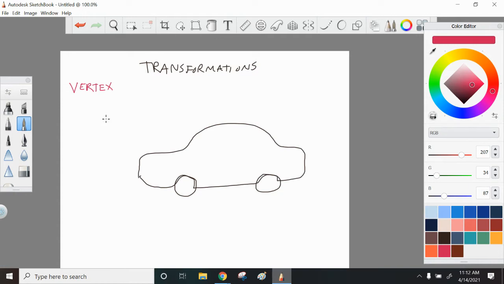So that vertex is the middle of the V, the middle of the U, the middle of the swerve. This is not necessarily a super textbook definition, but this vertex is the middle of the graph. If you were going to look this up in a textbook, it would be a lot more complicated, but I think this is a good enough definition for us today. Okay? The vertex is that middle.